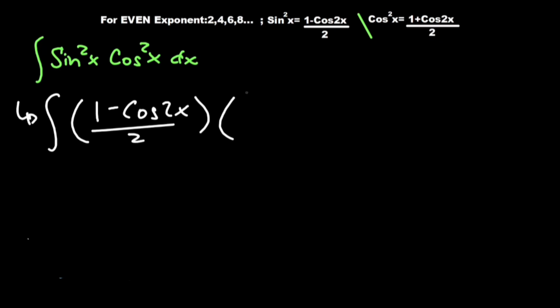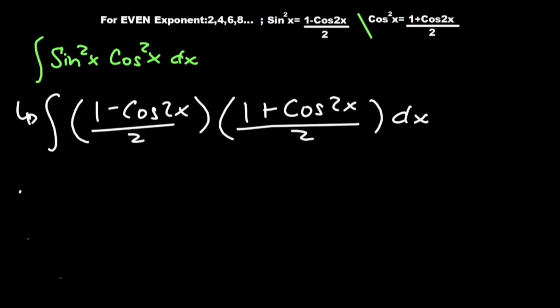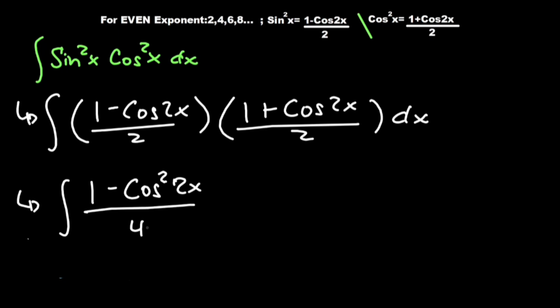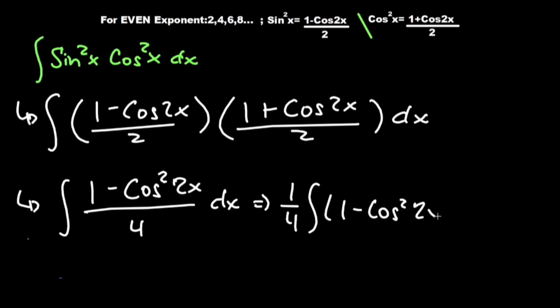Multiply this by cosine squared of x, which would be 1 plus cosine of 2x over 2 dx. Multiply these two together, you would have 1 minus cosine squared of 2x over 4 dx. So this can be 1/4 integral of 1 minus cosine squared 2x dx.